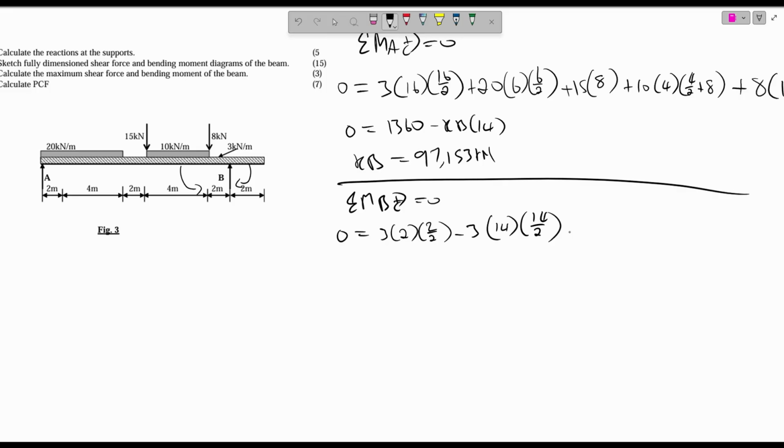Then we have the 8 times 2. Then we have the 10 times 4 plus 2. Then the 15 times 6, 4 plus 2.